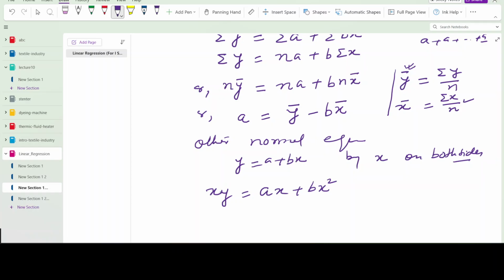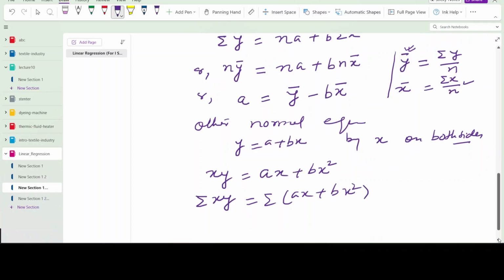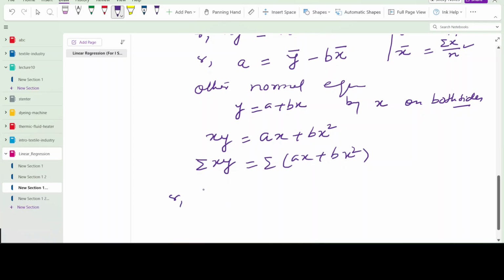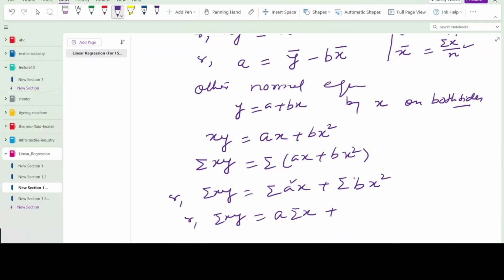First we multiply it by x on both sides and then we apply sigma on both sides. Sigma xy is equal to sigma ax plus sigma bx square. a is constant, so it will come out of sigma, plus b is also constant, so it will come out.